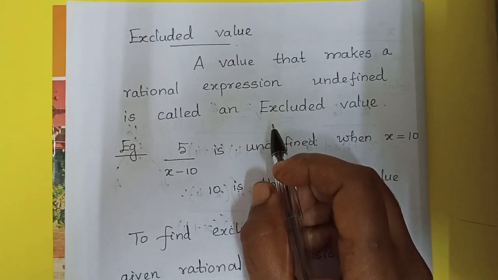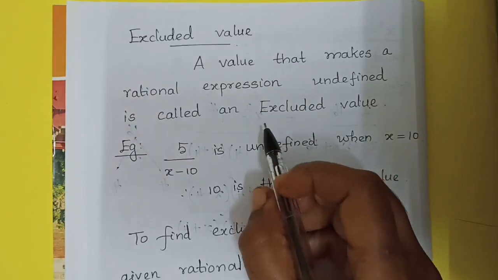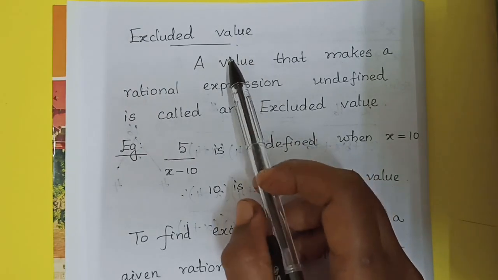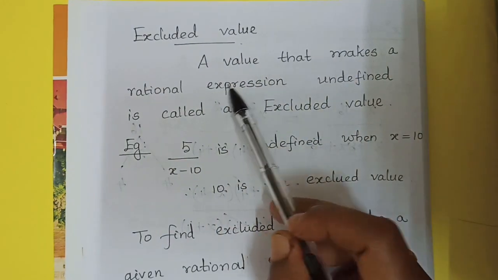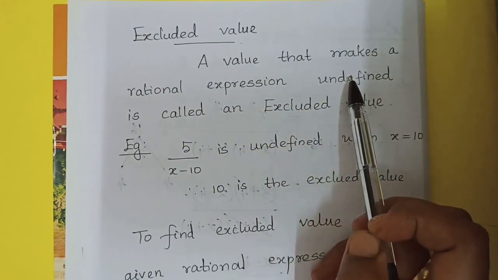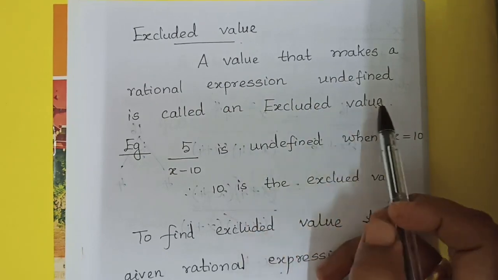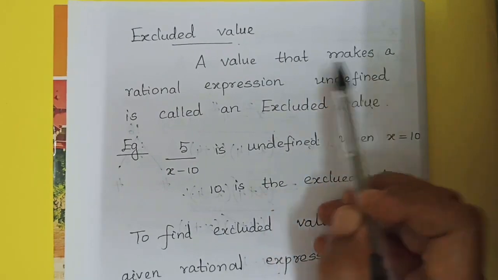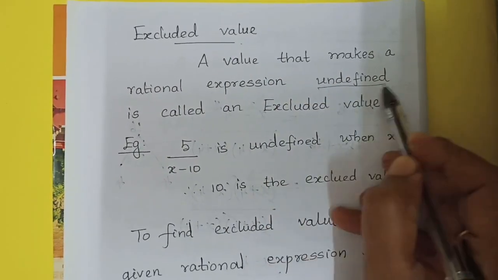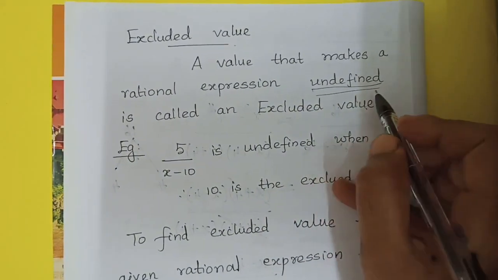Okay, we see what is the meaning of excluded value. A value that makes a rational expression undefined is called an excluded value. What is the meaning? A value that makes a rational expression undefined. Undefined means which form?